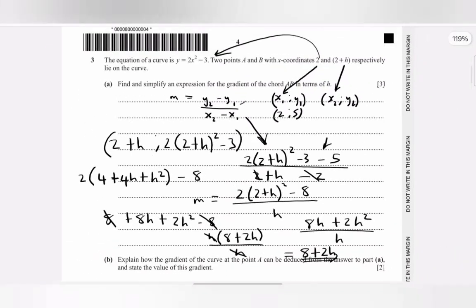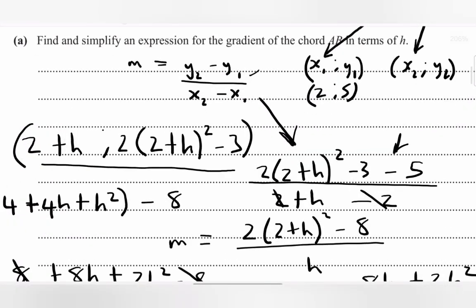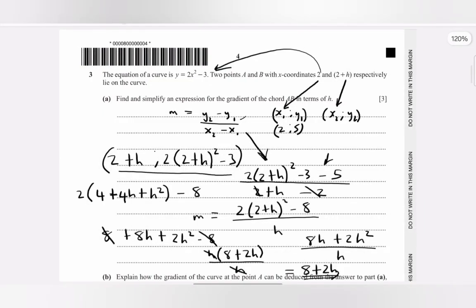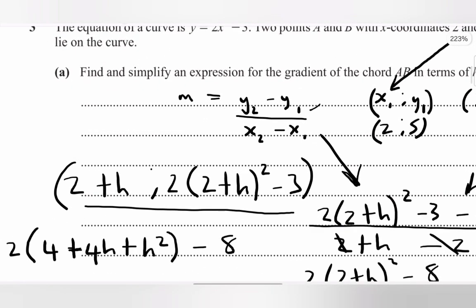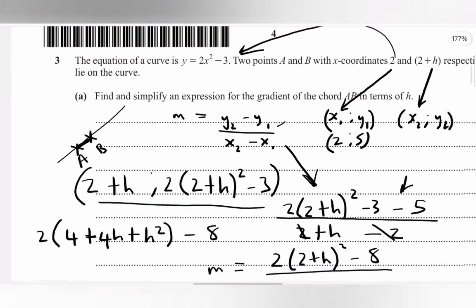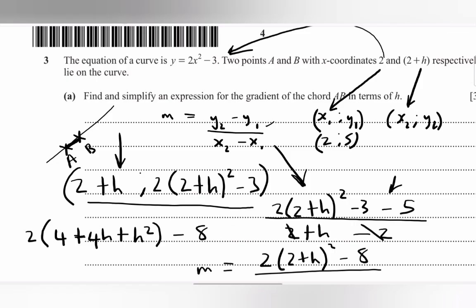And looking at these coordinates here, we are going to try and imagine having a chord that is small like this, where you have your A and B this close. So if our chord is small, we have to assume that h is approaching 0. Since our x1 is 2 for this, if this 2 plus h is close to this 2, it means h is approaching 0.